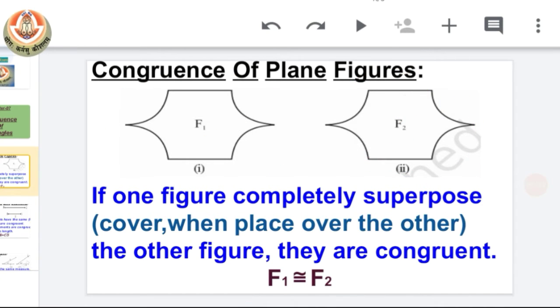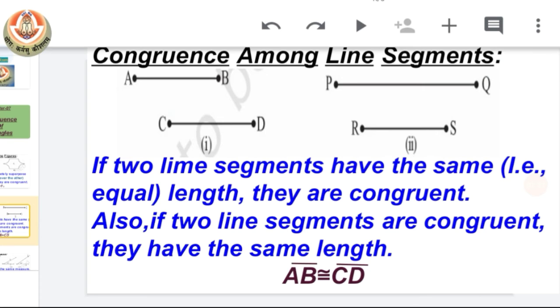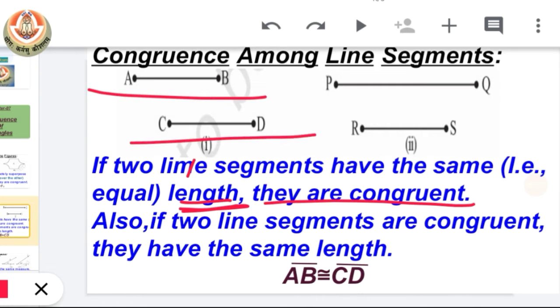Similarly, if we talk about congruence among line segments, if two line segments have the same length, then they are congruent. All of the line segments are congruent if their lengths are equal. You can see here AB is congruent to CD and RS also.